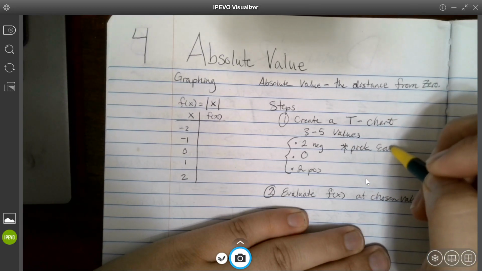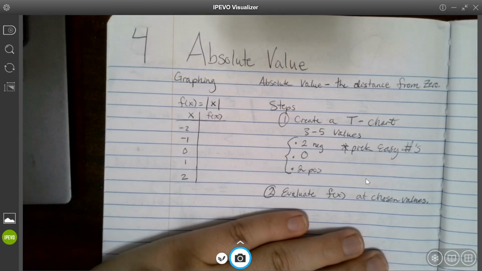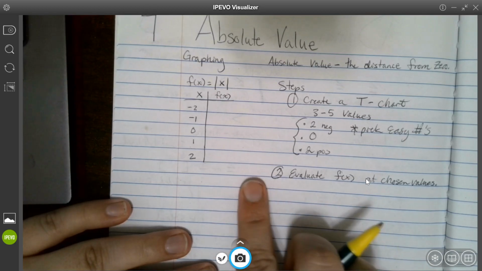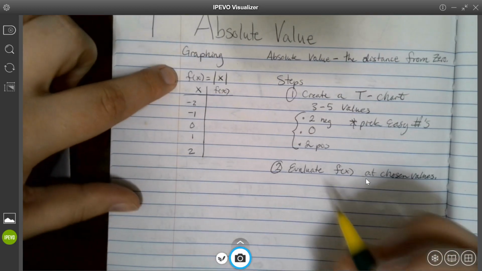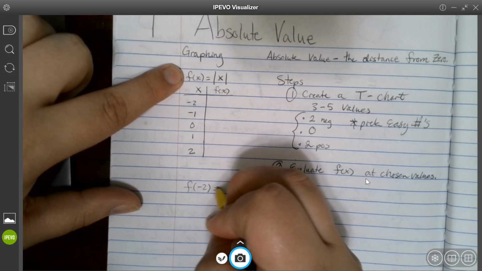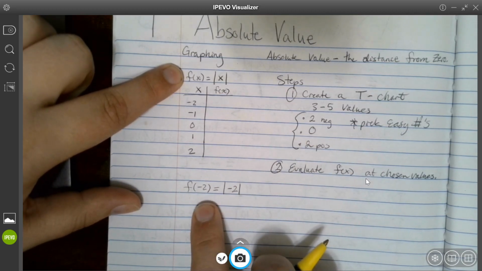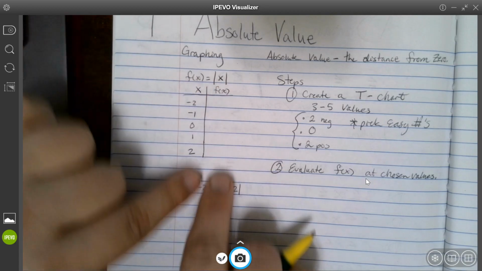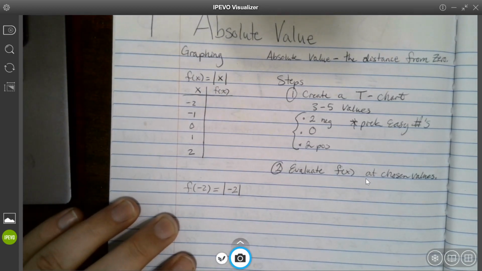Pick easy numbers. Make it simple. So evaluate just means plug it in. So if I do f of negative 2 equals the absolute value of negative 2. Notice that I took this equation and I just plugged in the negative 2. This should be reviewed from Algebra 1.